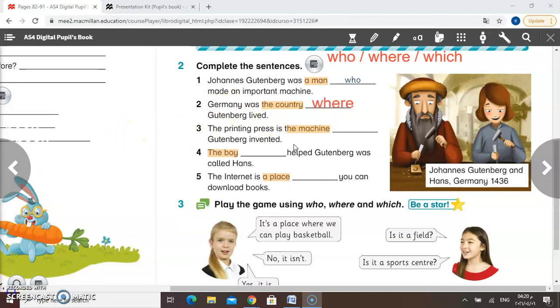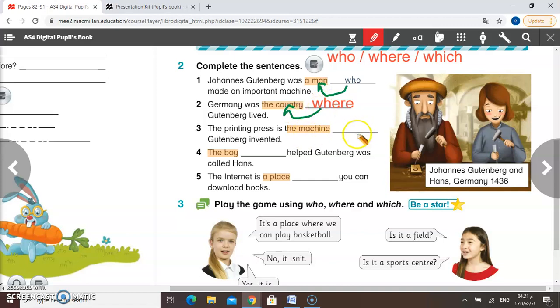Thank you so much. Now, number 3: the printing press is the machine which Gutenberg invented. We are talking about the printing press, and this is machine. So, if you want to choose the correct relative clause, look at the word that is before the blank. Always, if we choose the appropriate relative pronoun, you have to look at the word that precedes the relative clause.